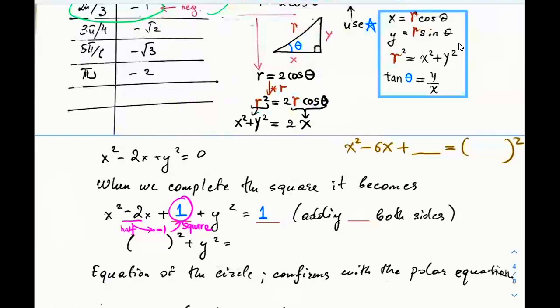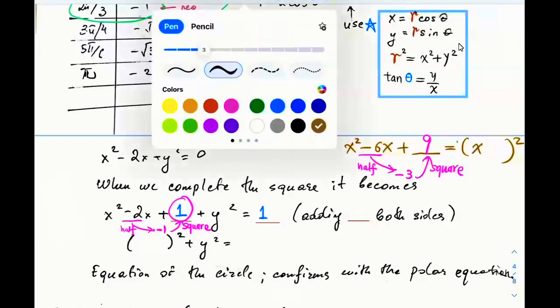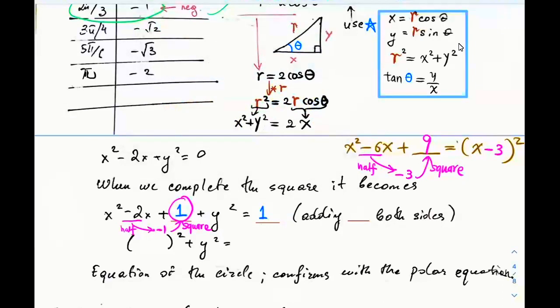Since it starts with X squared, you take half of -6, which is -3, and then you square this. The square of -3 is what? 9. So when you add a 9 there, this turns into a perfect square. What perfect square is that? X minus 3 squared. So to complete the square, when the leading coefficient is 1, we do it this way.